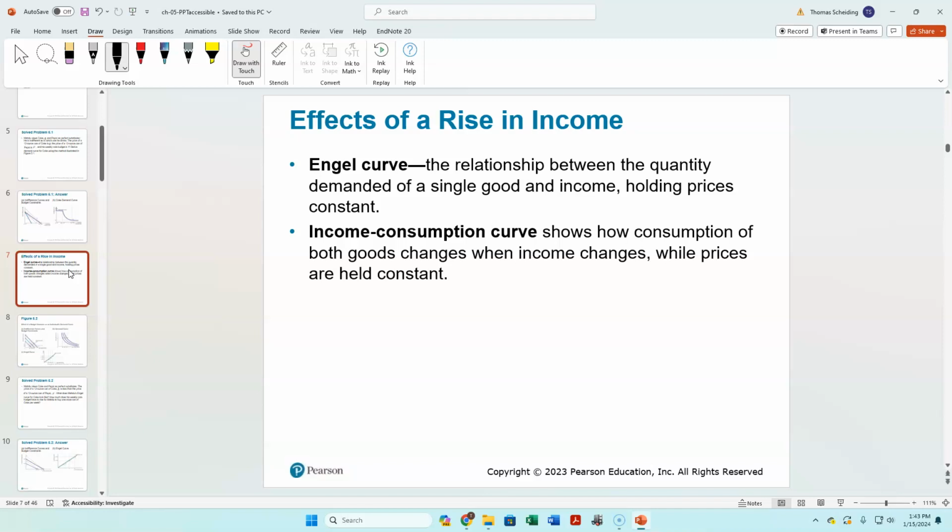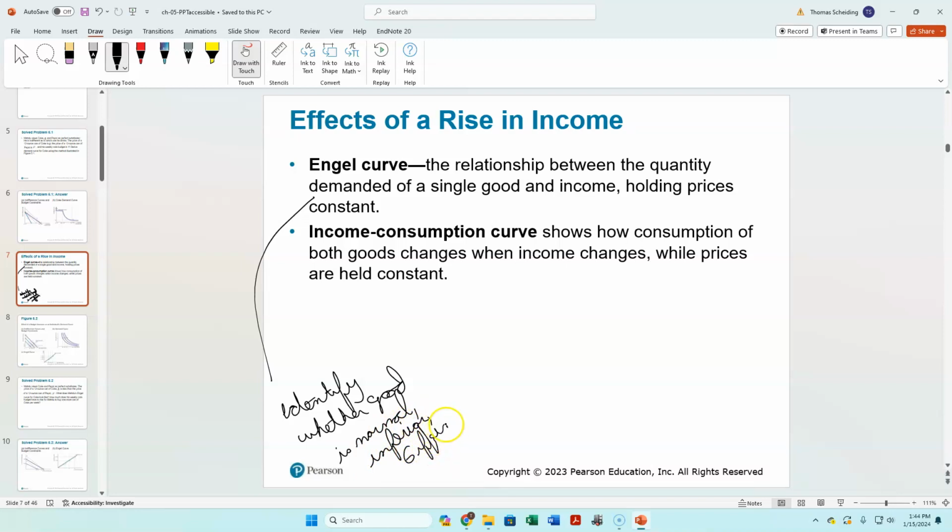That would help me identify whether my good is normal or inferior, or even the extreme inferior good, known as the Giffen good.